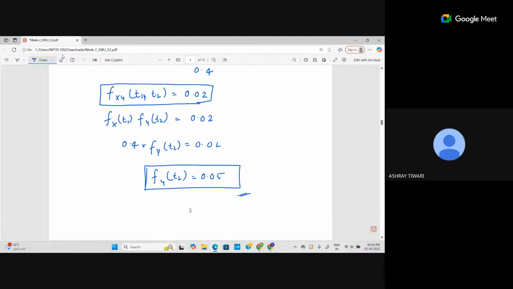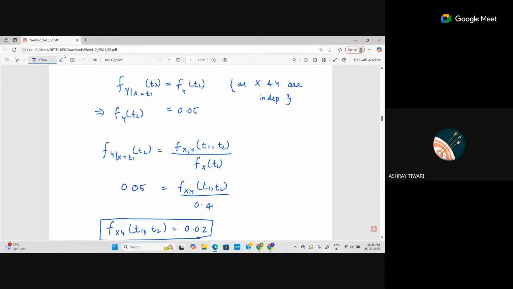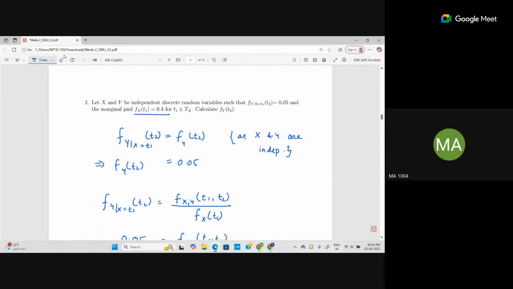Ma'am, please explain first part where you get 0.05. So whenever two variables are independent, in that case the conditional PMF is equal to the unconditional PMF of that variable.